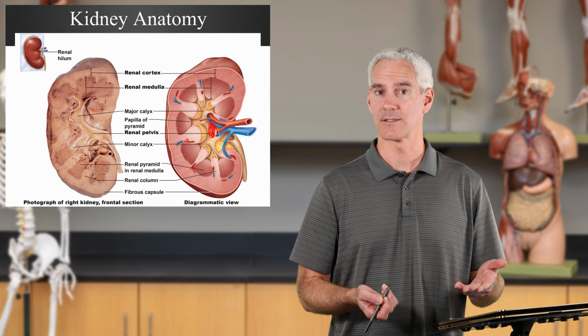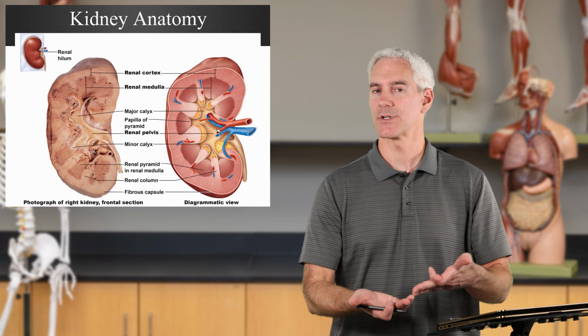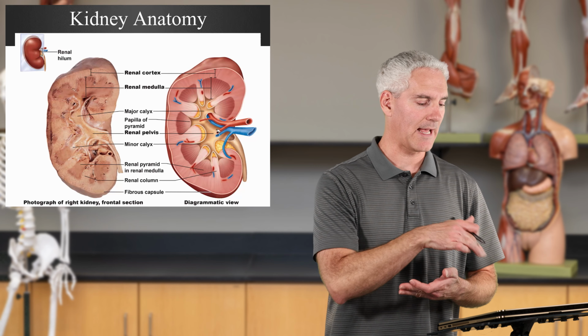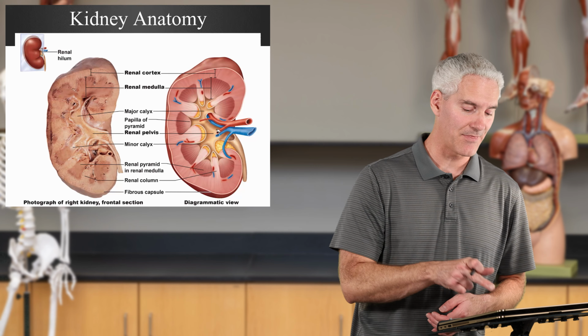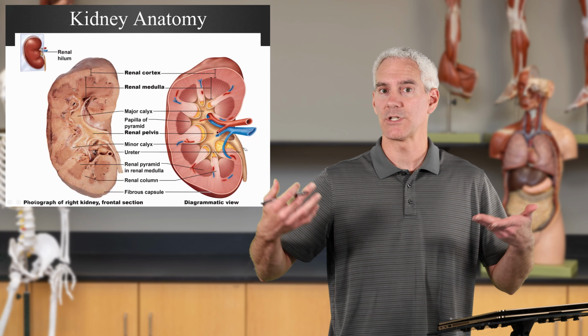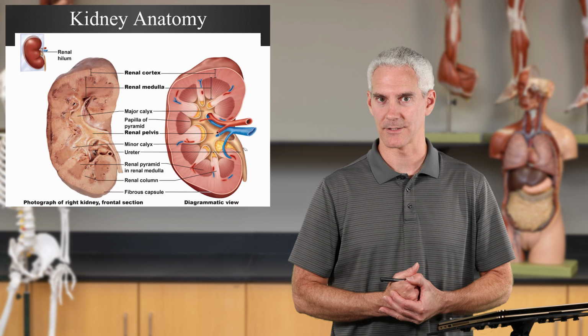But once it leaves the renal papilla, which is the point of the pyramids, the urine is collected by the minor calyces into the major calyces, into the actual renal pelvis, and then goes out via the ureter out here. So that would be the ureter, which heads down towards the urinary bladder. So that was a little about the basic functionality of the kidneys, as well as some of the anatomy of the kidneys.